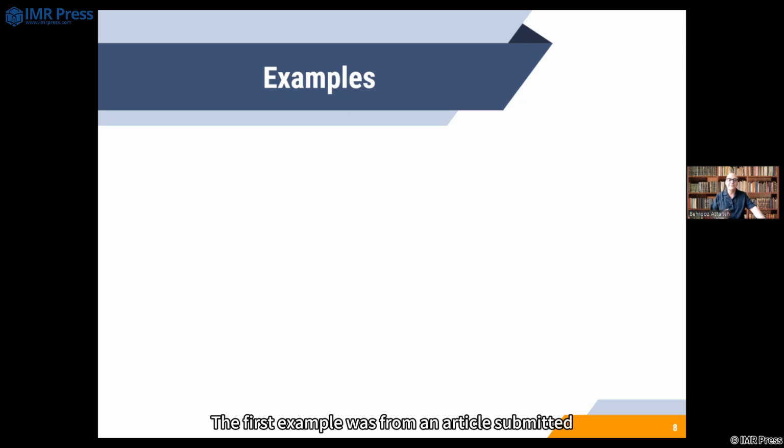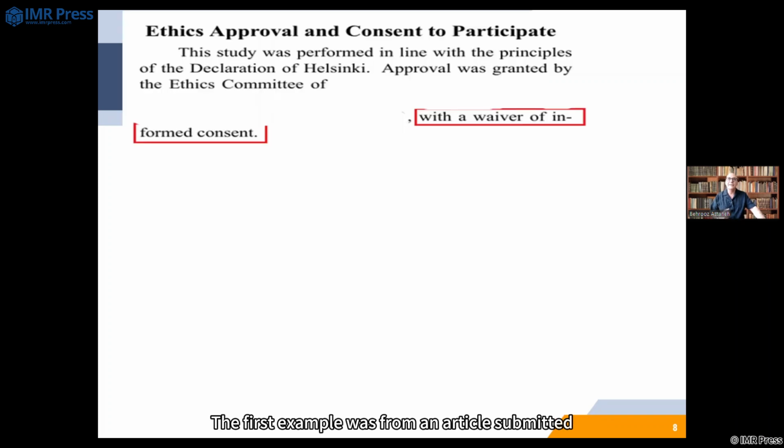The first example was from an article submitted to one of the journals, and in the section related to ethics approval and consent to participate, it was written that this study was performed in line with the principles of the Declaration of Helsinki.